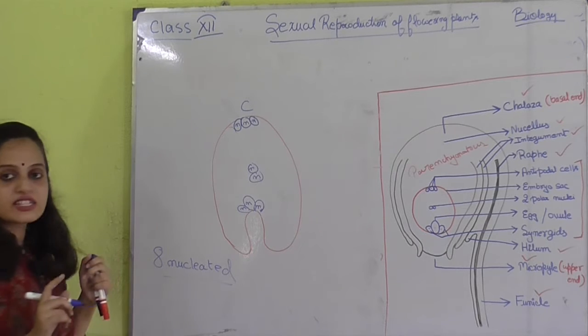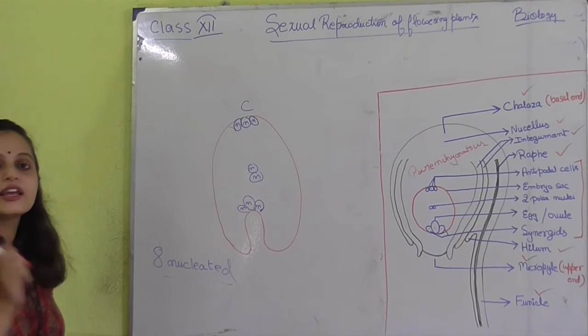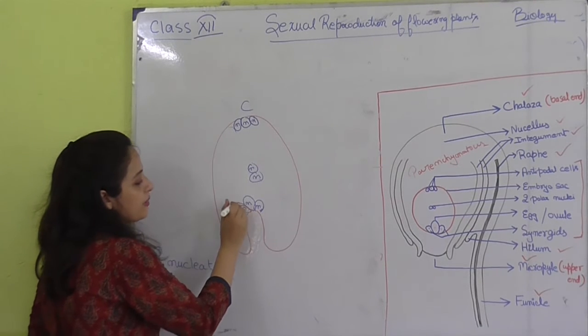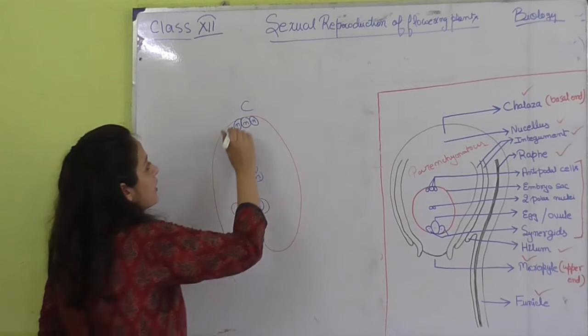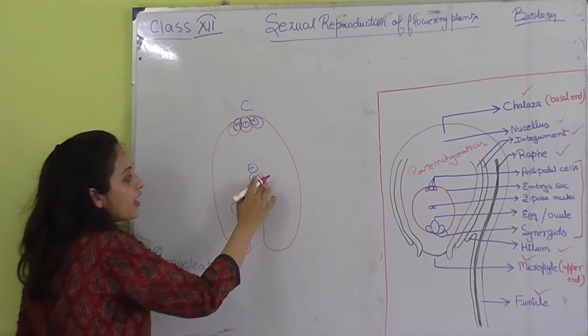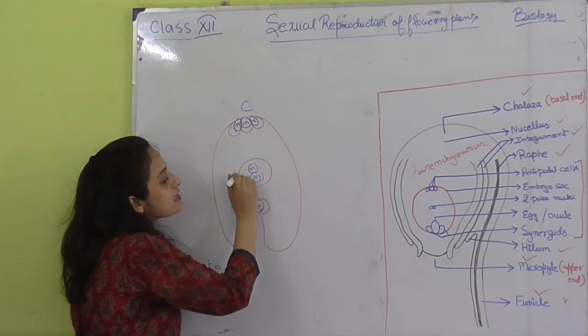But the number of cells, let us see how many cells are present here. So this is cell number 1, cell 2, cell 3. 3 cells are here. Then cell 4, cell 5 and cell 6. Here both the nuclei are present in a single cell.